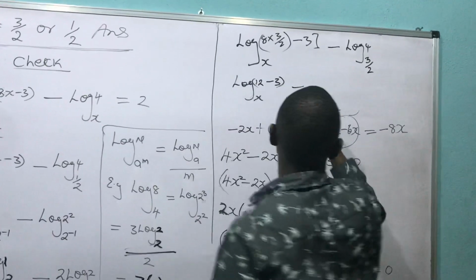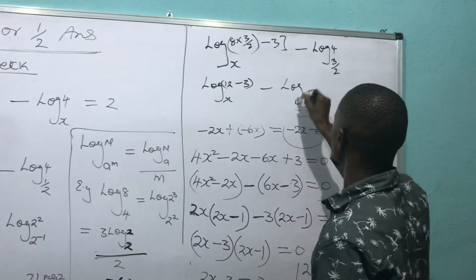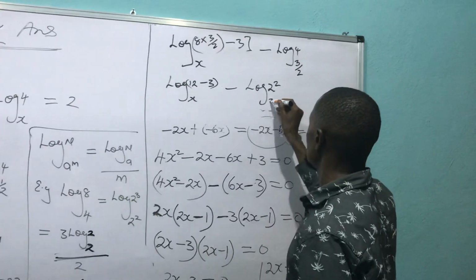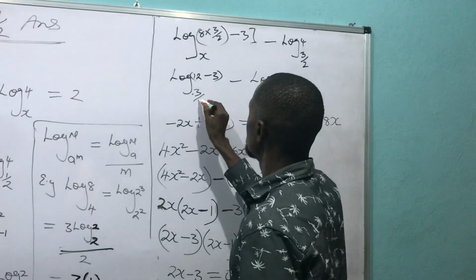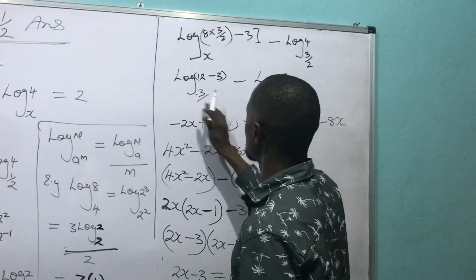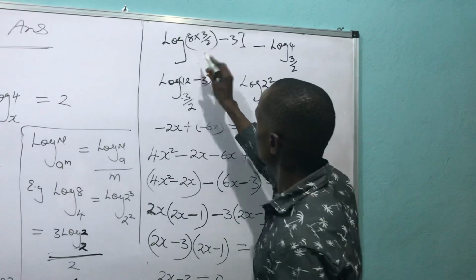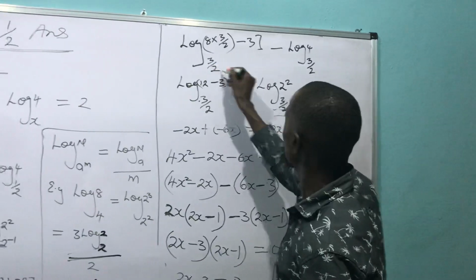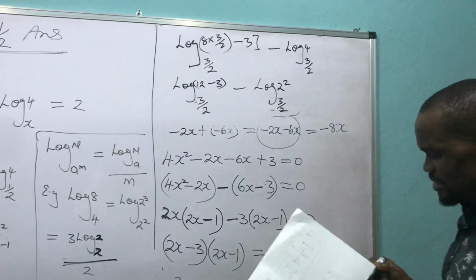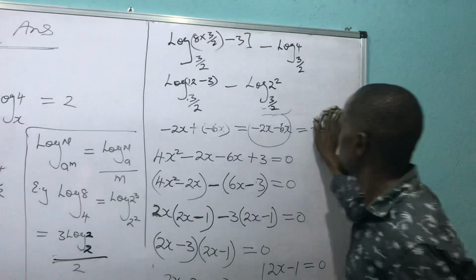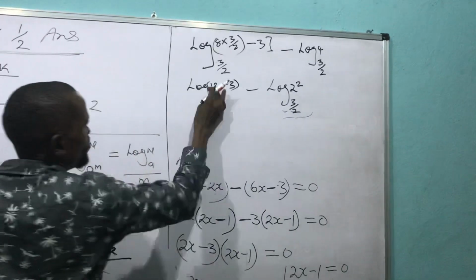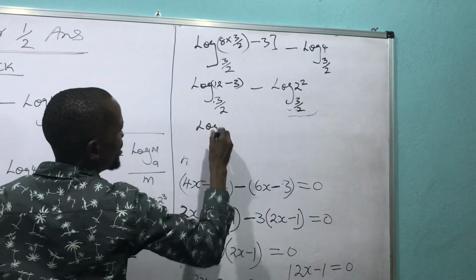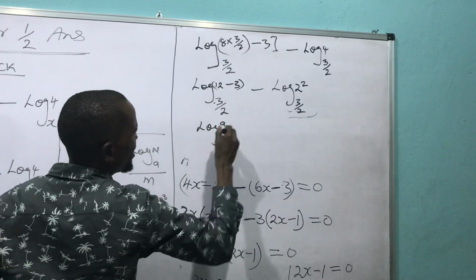And the minus log 2 raised to the power 2, 3 over 2. And this is 3 over 2. You remember? This is 3 over 2 as our x. Then looking at this, can I clean here? If I clean here, then to complete it, for you to see that it's correct, this minus this will give me log 9, right?